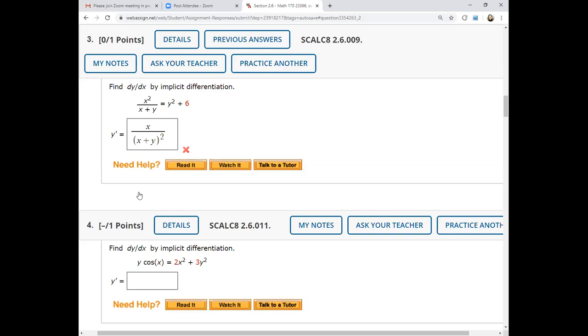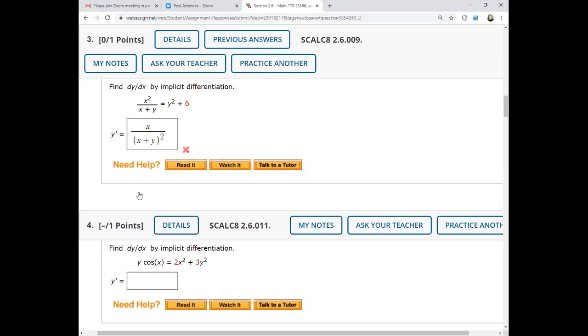And then I have 2x plus 2xy over x squared plus 3y squared.